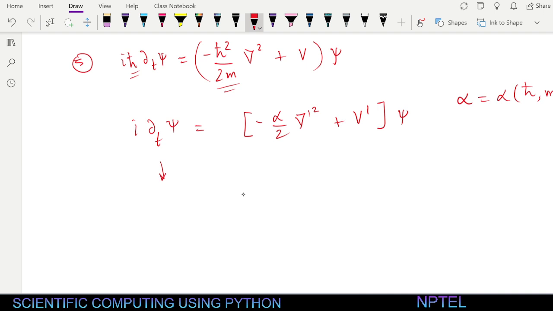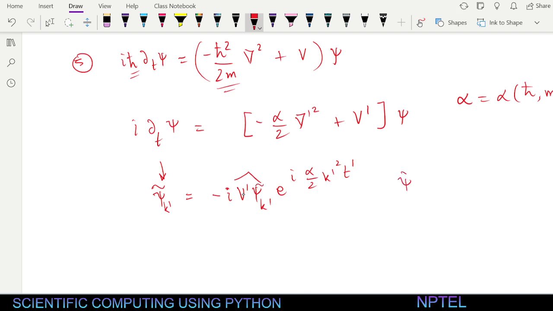So again, when you transform it to Fourier basis, you get psi k prime tilde is equal to minus i V prime psi k prime e to the power i alpha by 2 k prime square t prime.